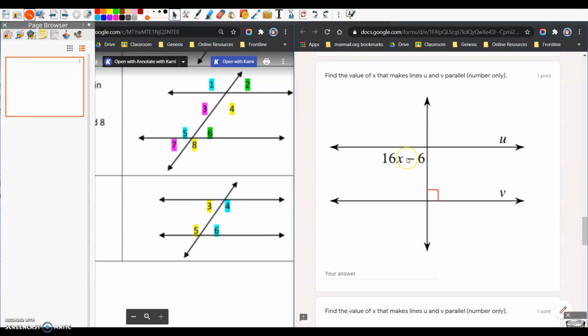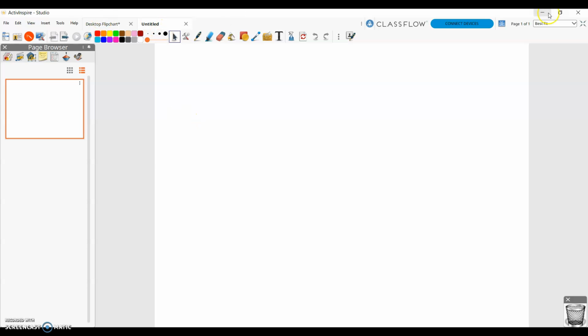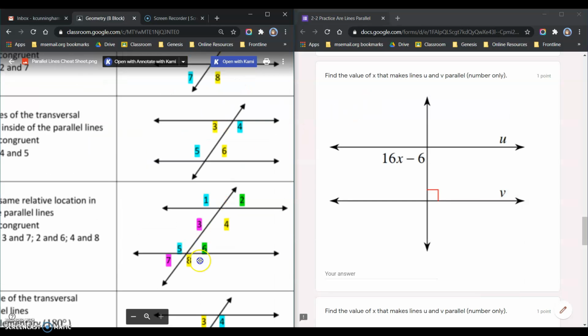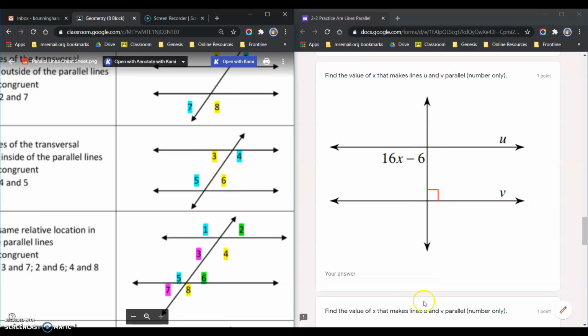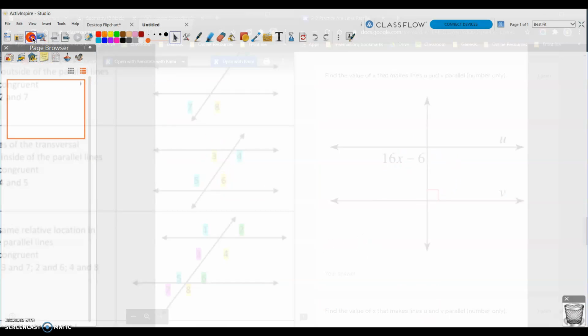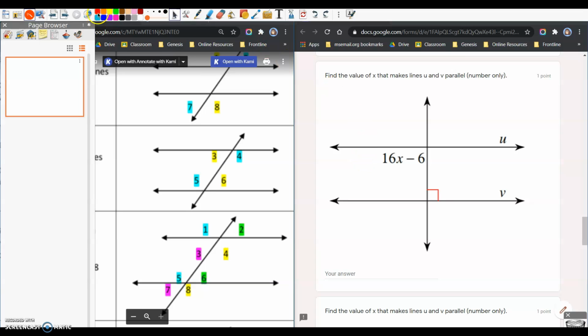So we see that these are alternate interior. Sorry, let me pull up the cheat sheet. If you look at the cheat sheet, you'll see that it's in the spot of 3 and 6. So these are alternate interior angles. What that means is they're going to equal one another. So this and this are going to be equal to one another.